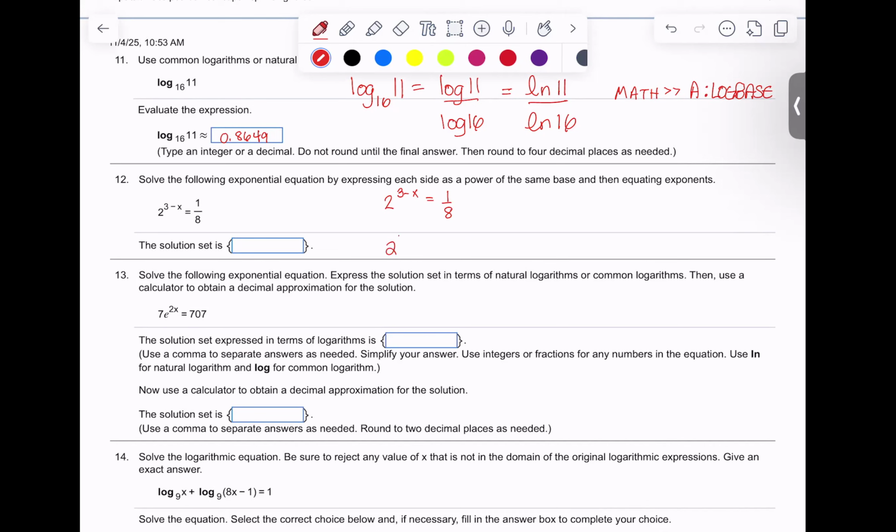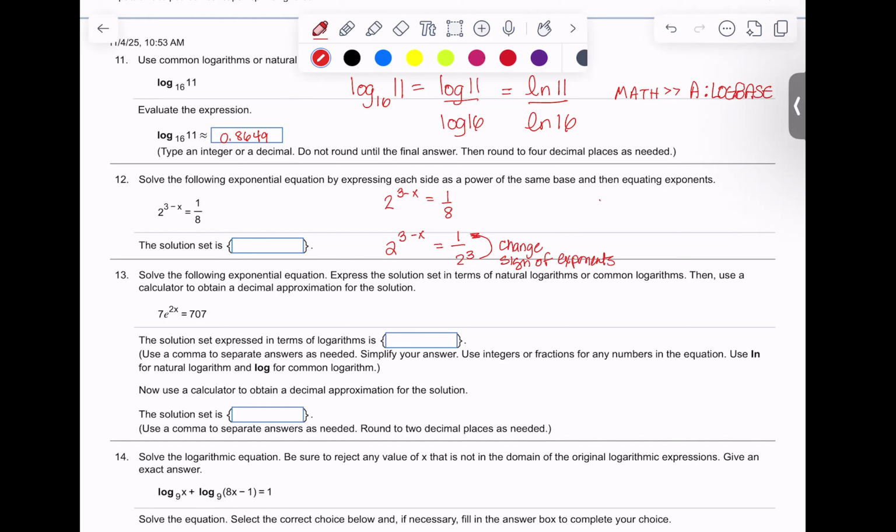So this is 2 to the 3 minus x equal to 1 over 2 cubed. I happen to know from the laws of exponents, if I have a base raised to an exponent in the denominator of a fraction, I can move that to the numerator by changing the sign of the exponent. That's the reciprocal rule of exponents.